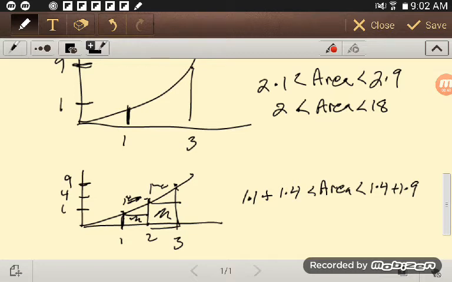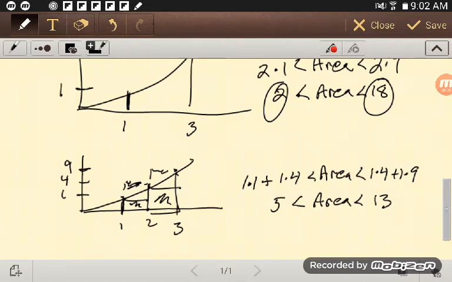But now you see I've made the area between 5 and 13. So see, this number went up, that number went down, and they've gotten closer together, right? And now I could go every half and so forth.